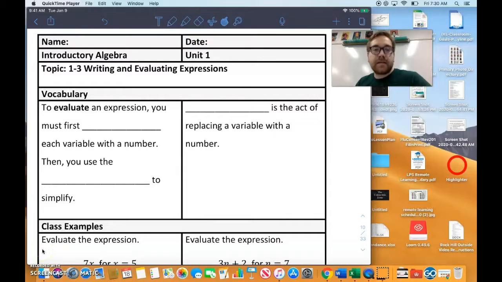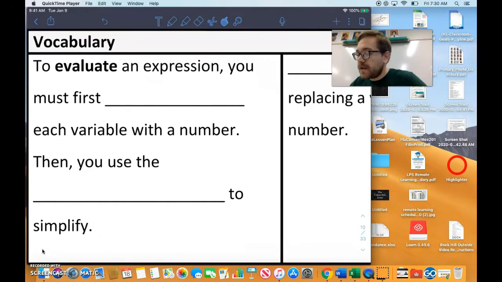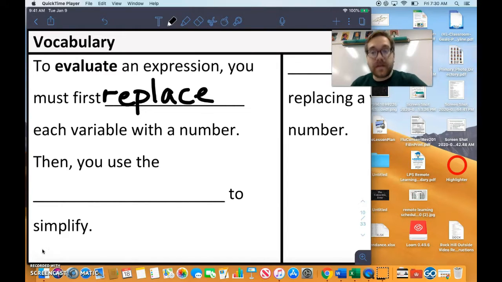Let's first talk about this word evaluating. It's similar to simplifying like we talked about last time, but just a small difference. Okay, so let's look at it. To evaluate an expression, you must first replace each variable with a number.